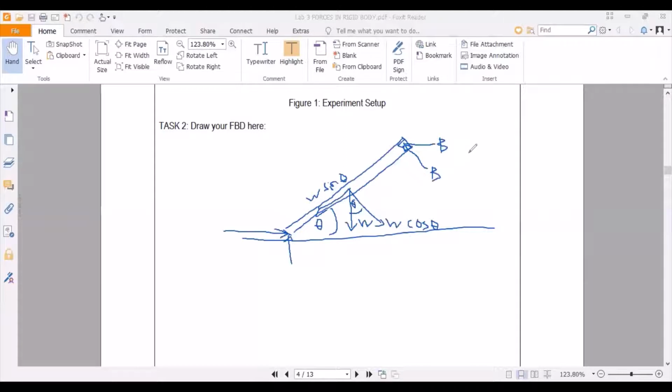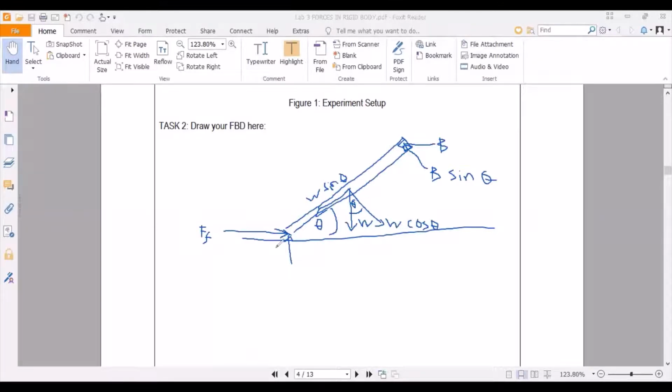We call it B sine theta. And also here we have a friction force, to support the beam at a certain angle with a certain weight.